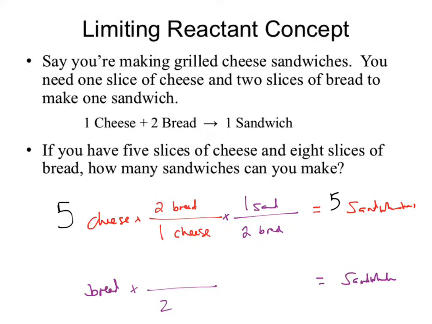You put 8 bread over 5 cheese. 8 bread over 5 cheese is not a conversion factor. That's just taking all the information I've got and putting it all together, saying if I have 8 slices of cheese and 5 slices of bread, I'm just going to jam all that stuff together and ta-da, I get sandwiches. There's no ta-da when we do anything.